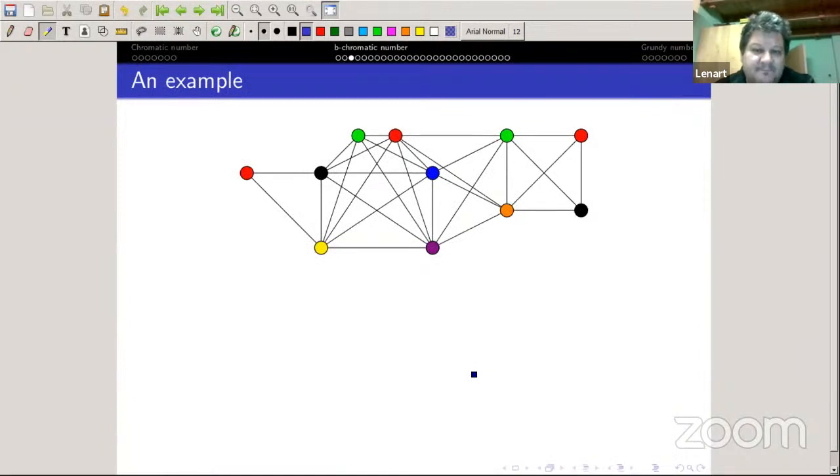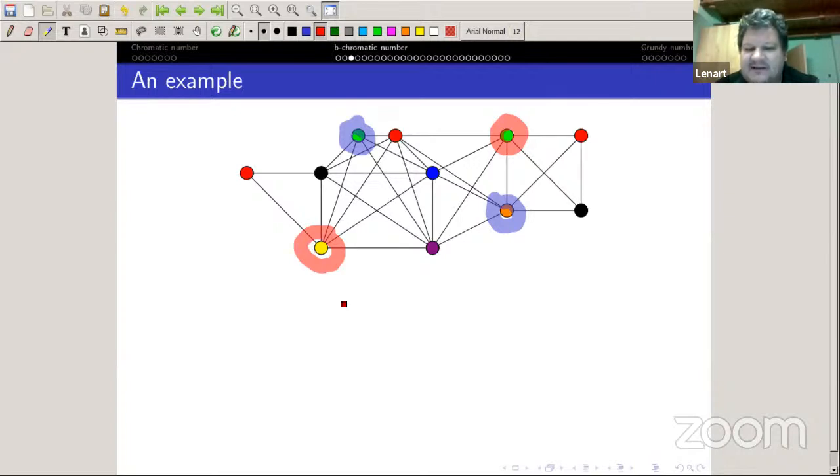Okay, an example. You see here a coloring, and if you analyze this, you will see that this green vertex is not a B vertex because it is not adjacent to this orange one, and also this green vertex is not a B vertex because it is not adjacent to this yellow vertex, so no yellow vertex in its closed neighborhood.